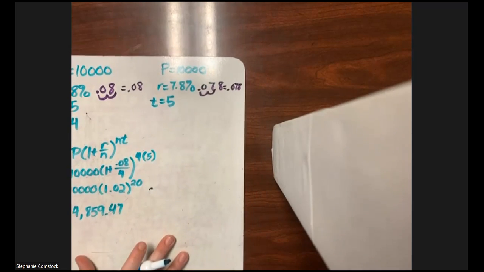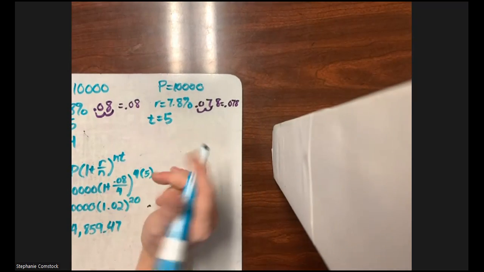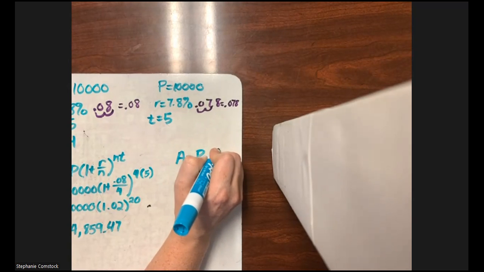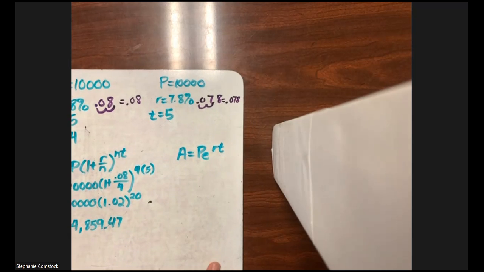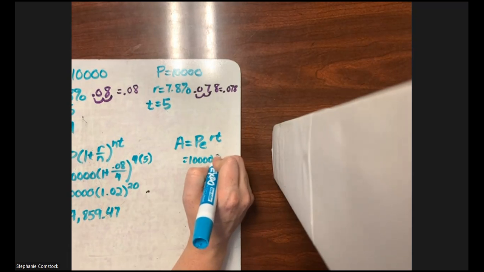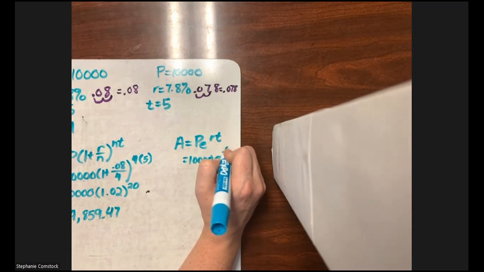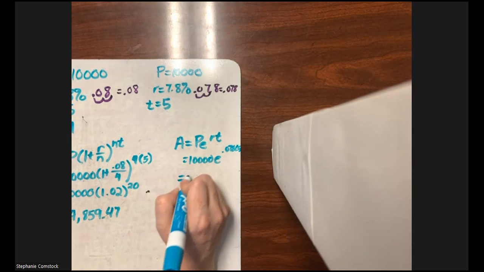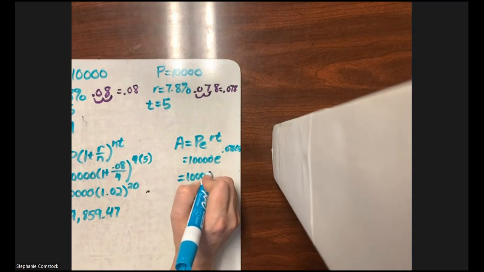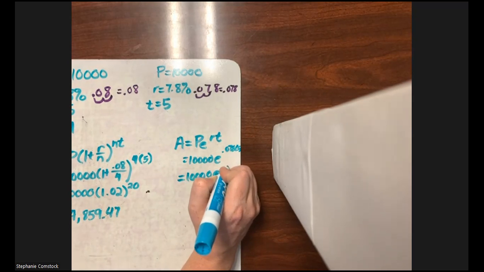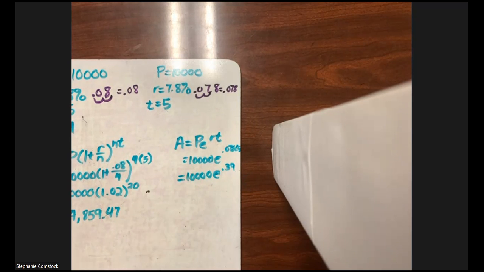Now, let's talk about the setup for the other one. This one they said was continuous, so that's going to be A equals Pe^(rt). So again, we've got the 10,000 e to the 0.078 times 5. Again, I'm going to do a little bit of cleanup here. 0.078 times 5 is 0.39.